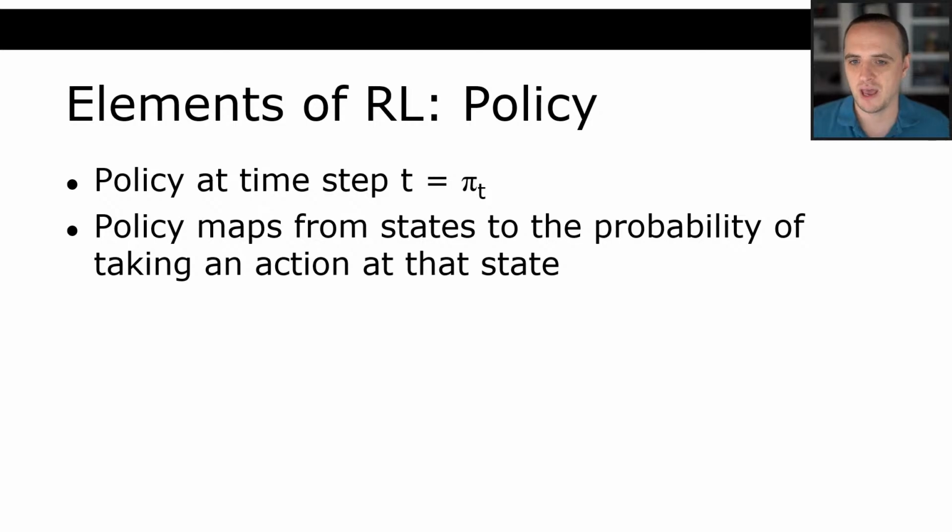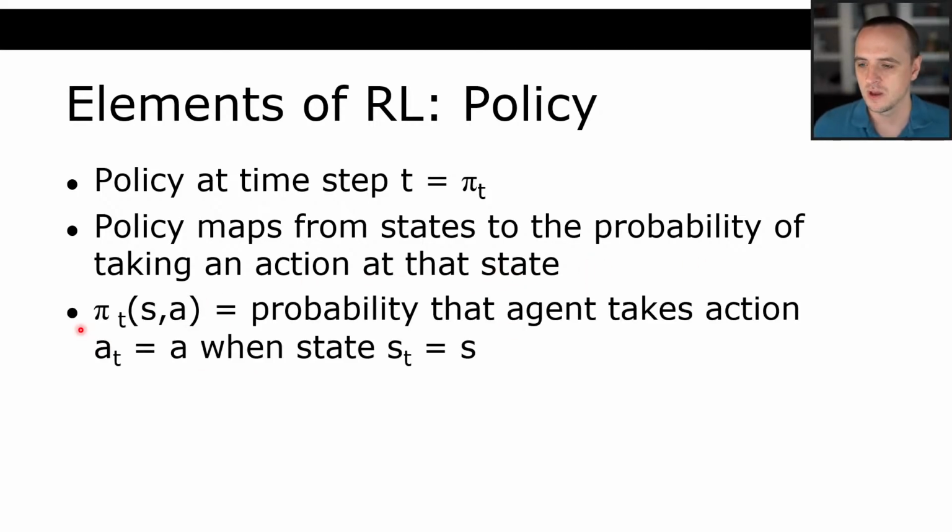So the policy maps states of the environment to the probability of taking an action at that state. So pi sub t of s, a, the policy at time t, is the probability that my agent takes action A sub t equals a, when state S sub t is equal to s, right? So again, this probability might be 1 or 0, or it might be anything in between.